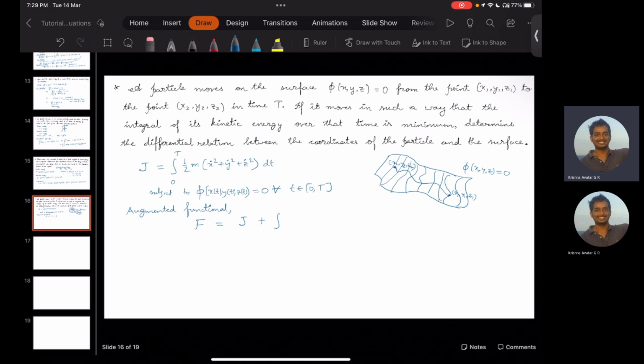So even the Lagrange multiplier, which will enforce that constraint, is going to be a function of time. So lambda is a Lagrange multiplier, which is itself a scalar function.